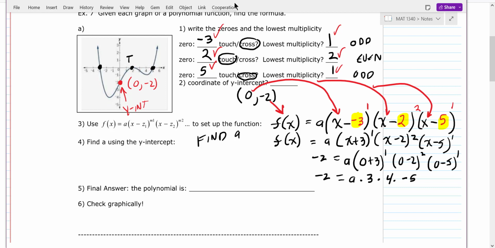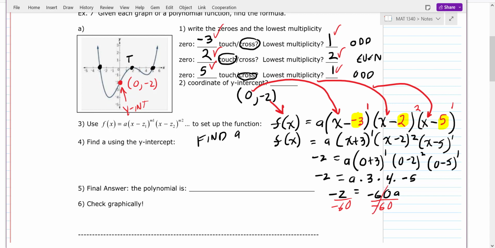Okay, all right. So now what we're going to have is -2 equals, and then use your calculator if you have to, 3 times 4 is 12. 12 times -5 is -60 times a. Okay, so what we do now is if you want to solve this equation for a, then you've got to divide by -60.